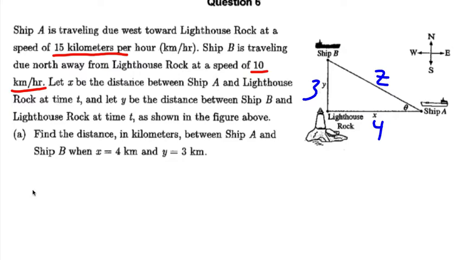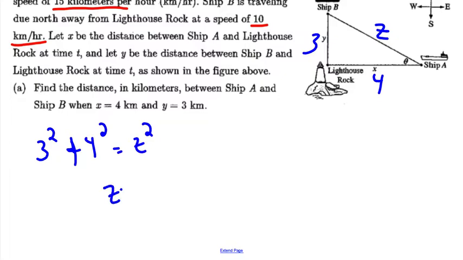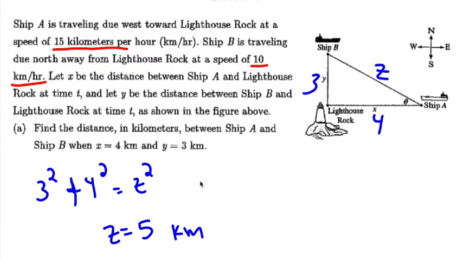But if you're not sure, we do 3 squared plus 4 squared equals z squared. Just use your Pythagorean theorem. That is a very basic, straightforward question. When you do that, you get z equal to 5 kilometers. And again, make sure you have the units there. You always want to have units whenever they're given to you. So that's part A, a very straightforward problem.